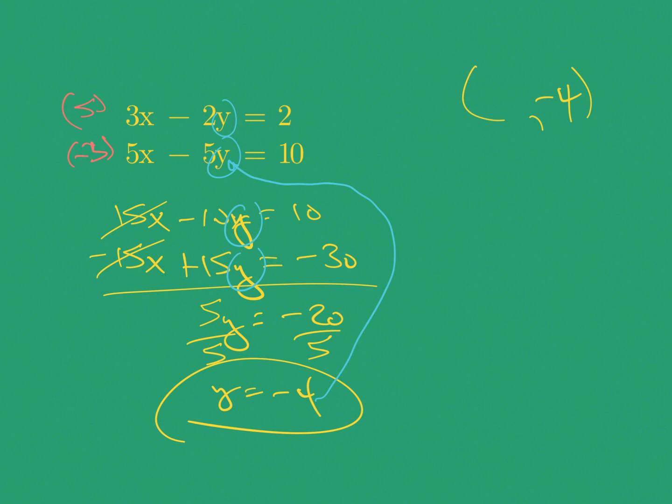So here's what that will look like. 5x minus 5 times negative 4 equals 10. We're plugging it back in for y, any y. But again, I would try to take it back to what you feel like is easier for you.